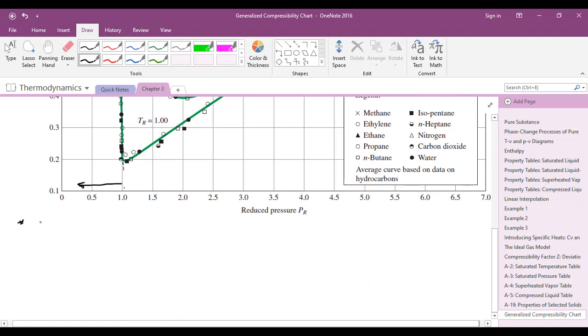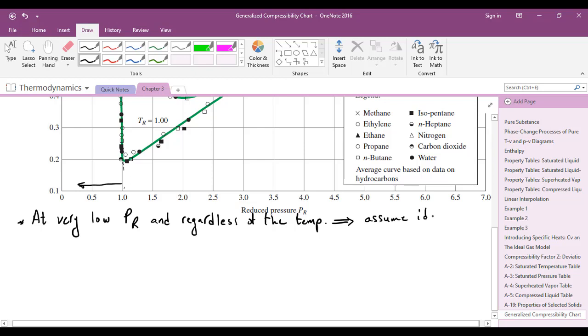So we can say at very low reduced pressure, regardless of the temperature, we can assume ideal gas behavior.